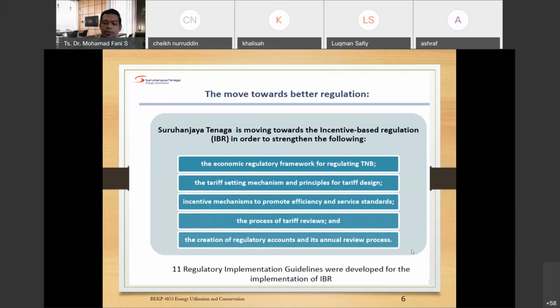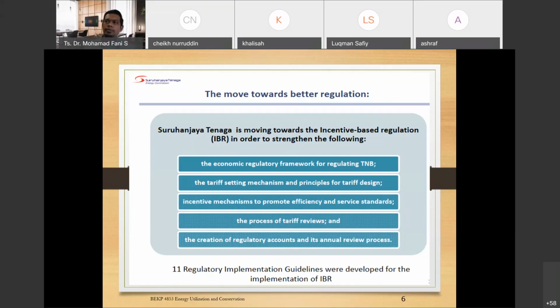That's the process for creating regulatory accounts and its annual review process. They have an IBR account, a standalone account that is reviewed every single year to check the performance of the utility, based on the performance they should achieve every year.